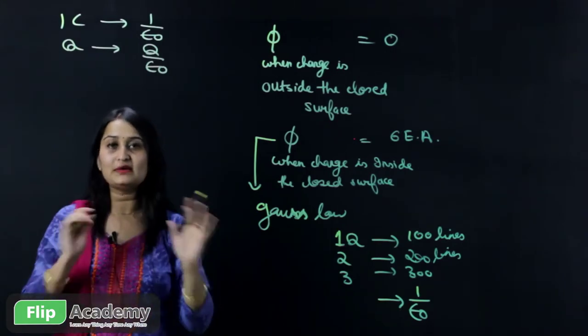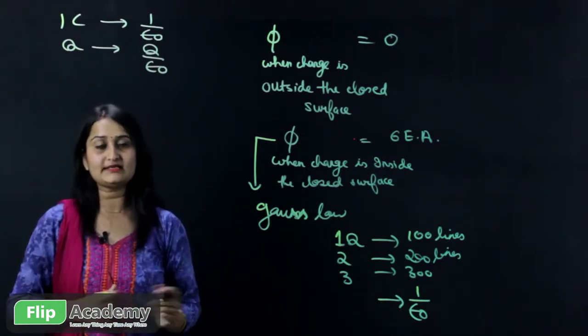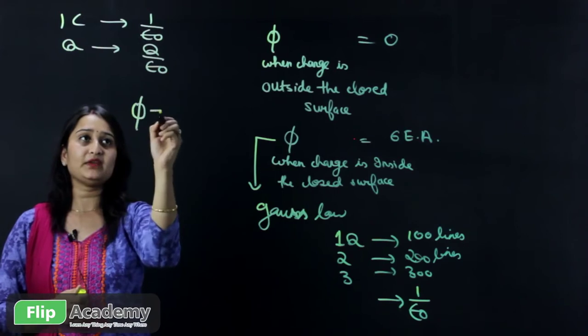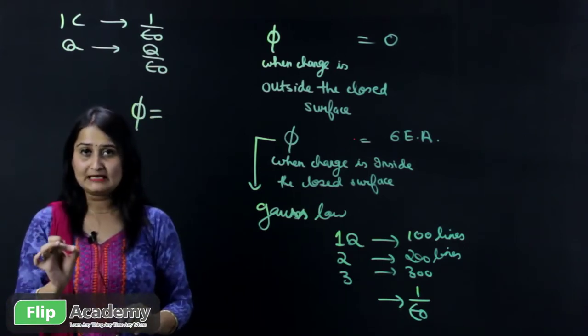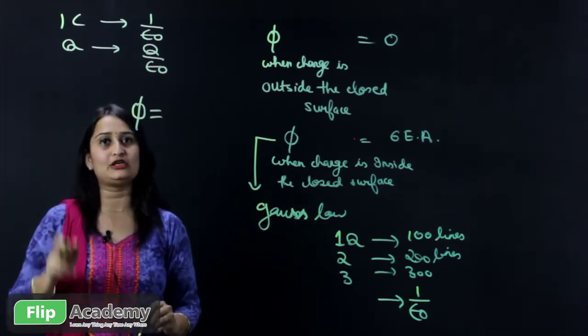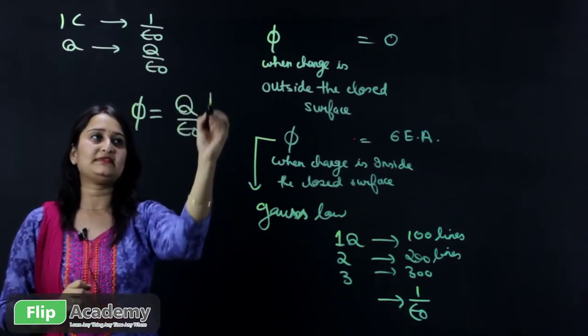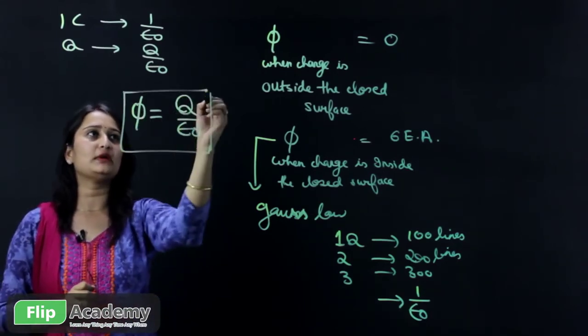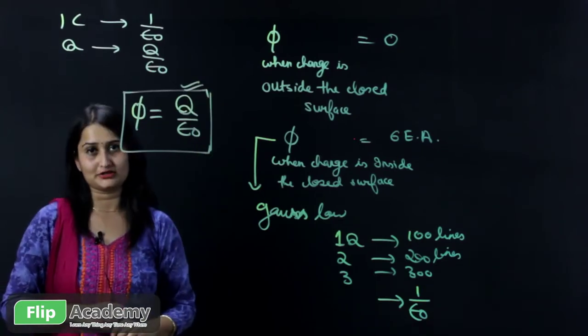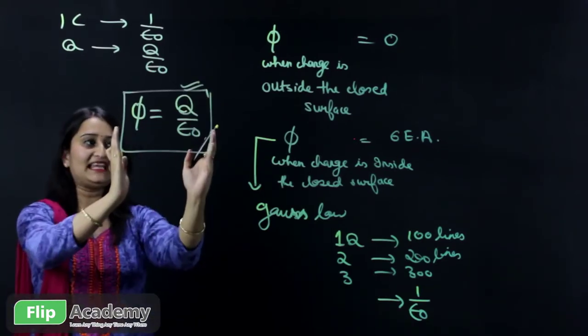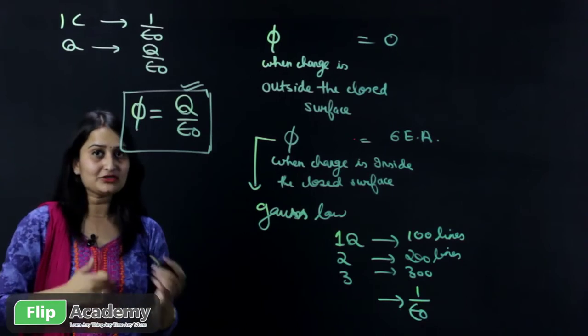So now if we formulate the law, it tells us that the flux calculated by keeping the charge inside the closed surface is equal to Q upon epsilon naught. So this is the formula and this is called the Gauss law. Now if I expand this formula, how is it written?